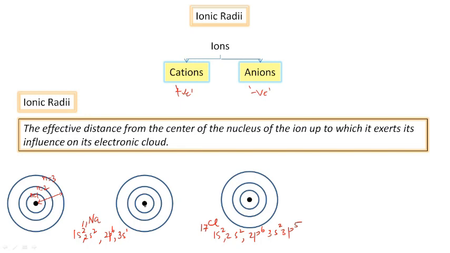So in this case sodium has 2 electrons in the first shell, 8 electrons in the second shell and 1 electron in the third shell. However, chlorine has 2, then 8 and then 7 electrons.